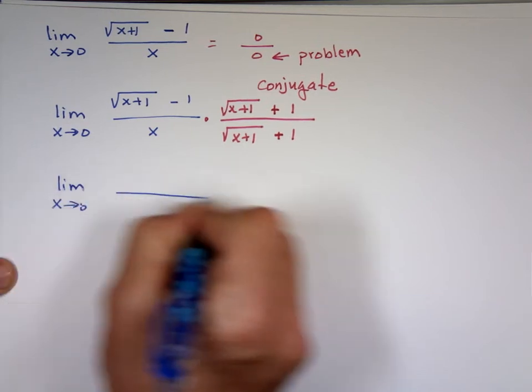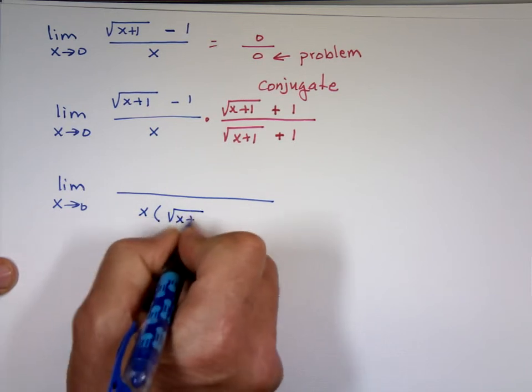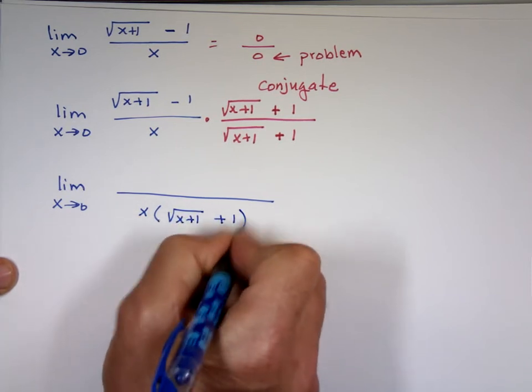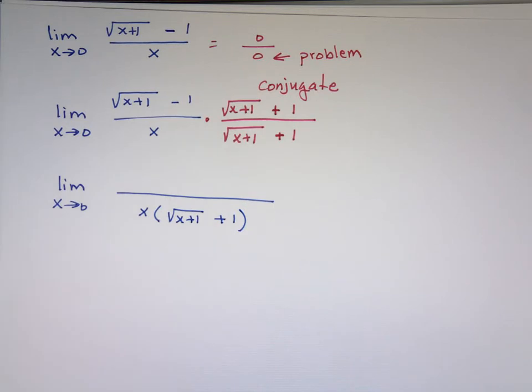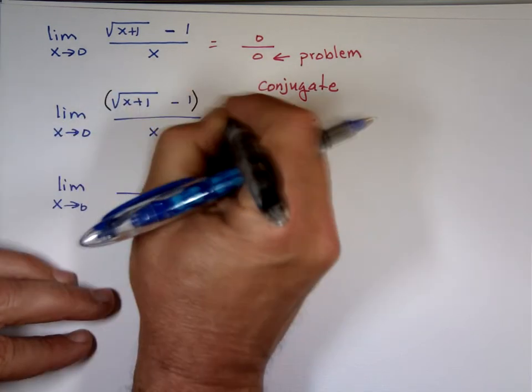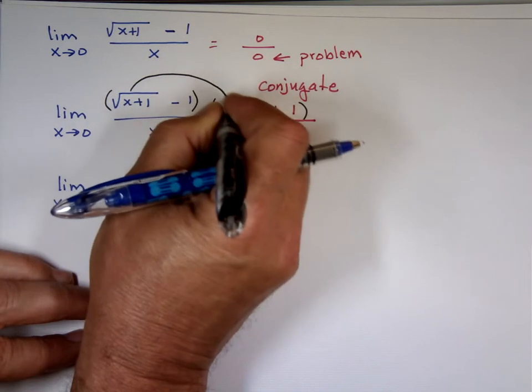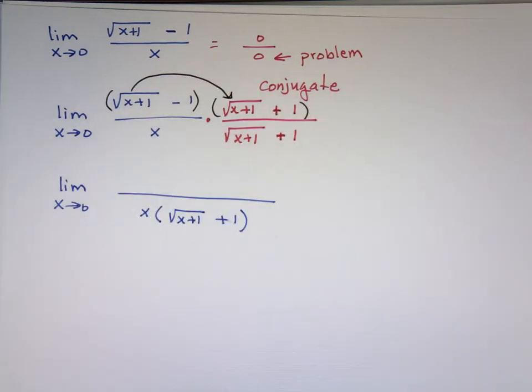That's x times the square root of x plus 1 plus 1. Now, why did we switch the sign? Because when you multiply it out using the FOIL method, when you multiply a square root by itself, what happens to the square root sign? Gone.